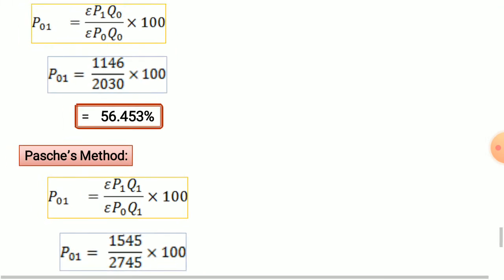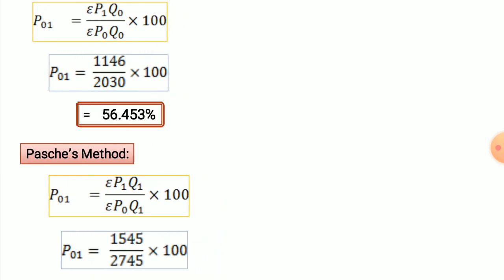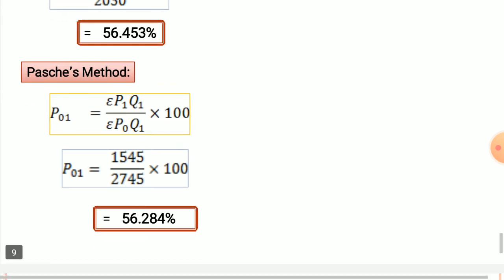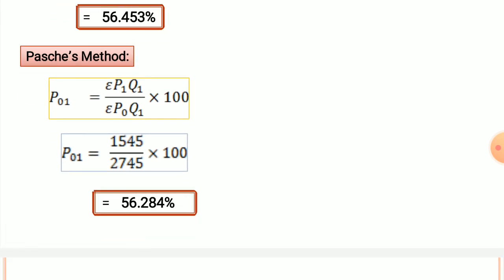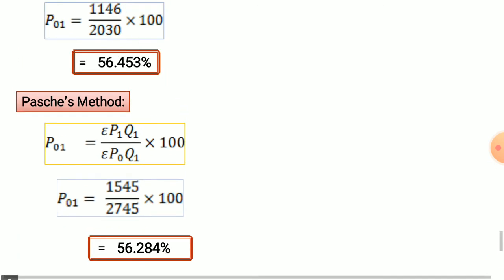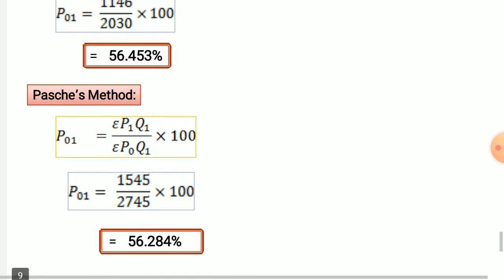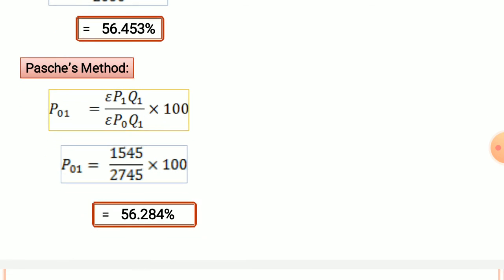So now according to the Paasche's method of index numbers, P01 is equal to sigma P1Q1 by sigma P0Q1 into 100. Sigma P1 Q1 1545 divided by sigma P0 Q1 2745 into 100.